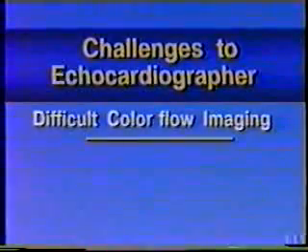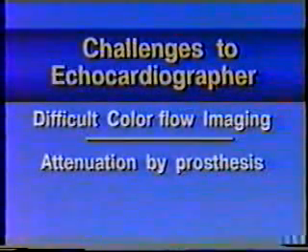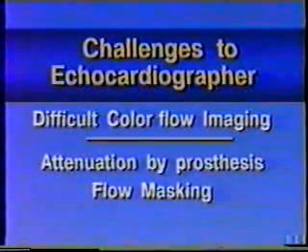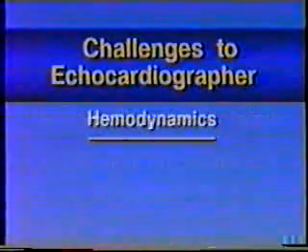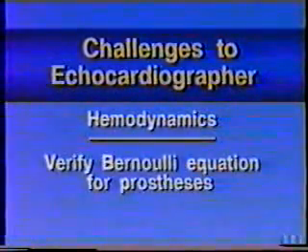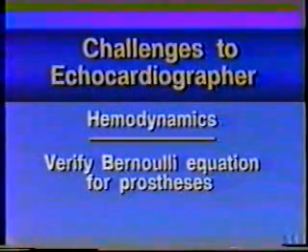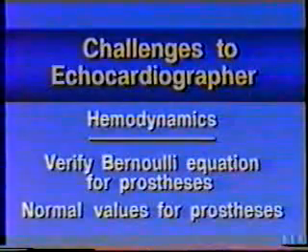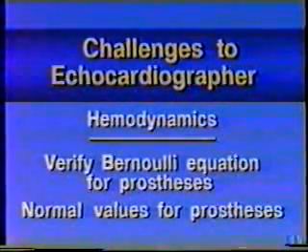Color flow imaging of prostheses is difficult because of attenuation of the sound beam by the prosthetic material, which can create flow masking. From a hemodynamic standpoint, it is necessary to establish whether or not the simplified Bernoulli equation can be applied to prosthetic valve gradients, and it is necessary to establish normal values for the many different types and sizes of prostheses.